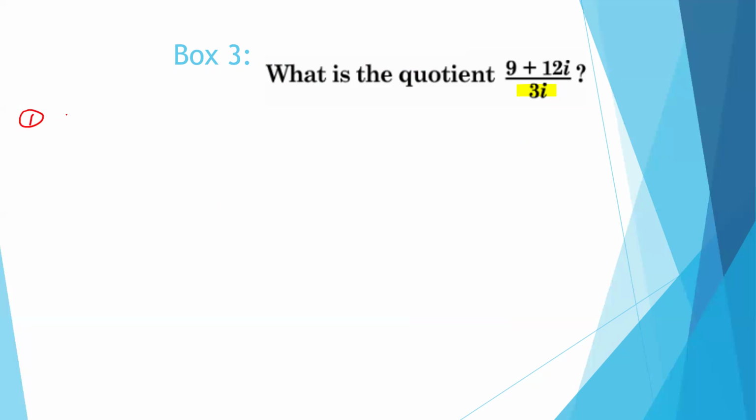In my denominator, I technically have 0 plus 3i. Does that make sense? Because my real is 0, and is there a necessary reason to write 0 plus? No. So therefore, the conjugate of this would be 0 minus 3i, which means that my conjugate is -3i.